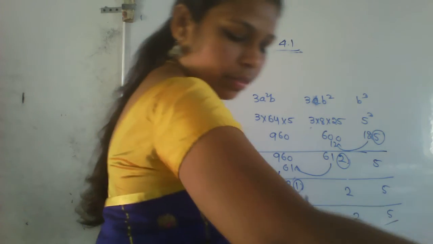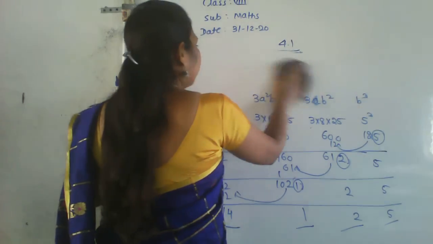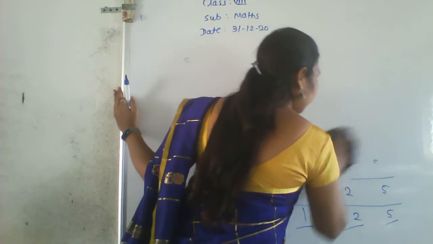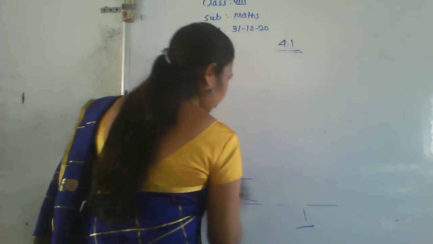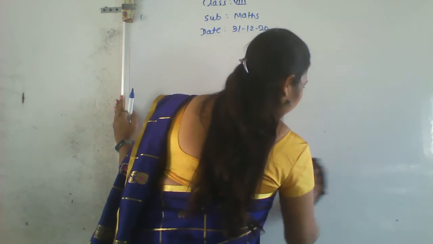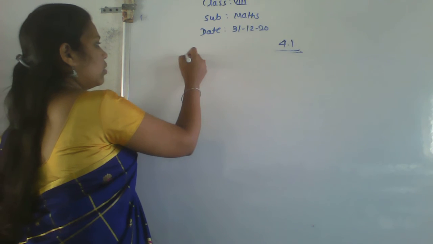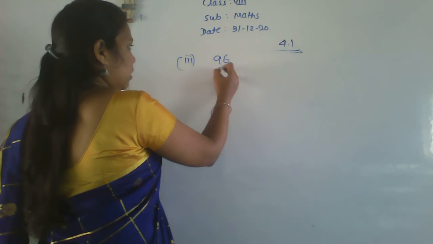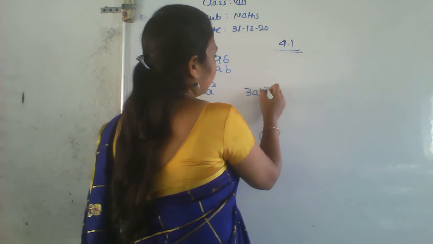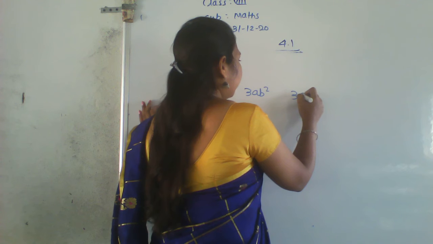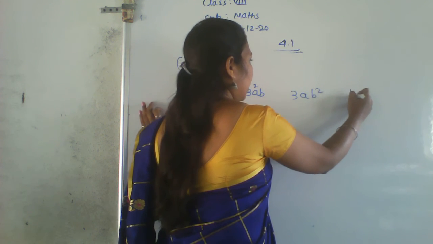Do the next one, 96. Third one, 96. This is A and this is B. Here a cube, 3a square b, 3ab square, and last one is b cube.